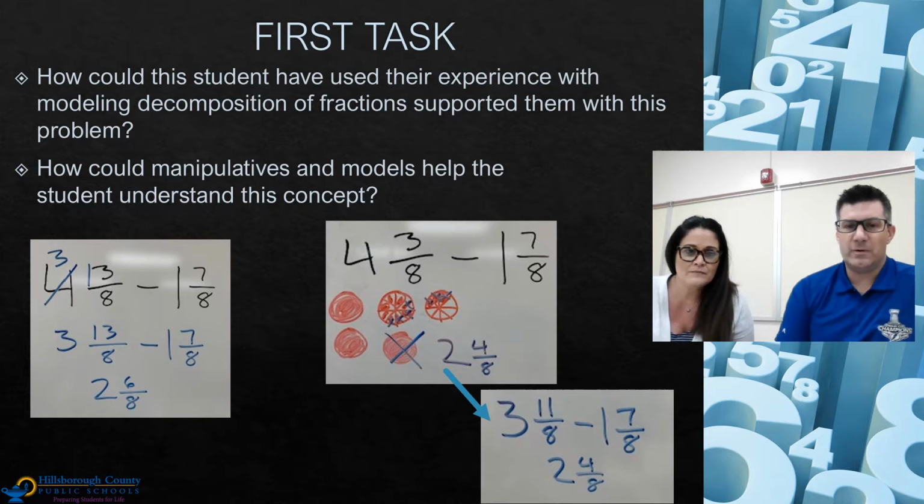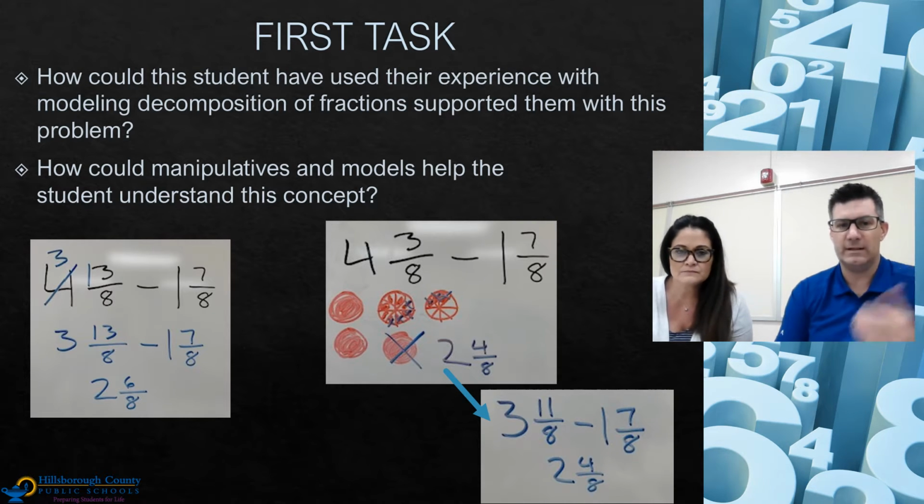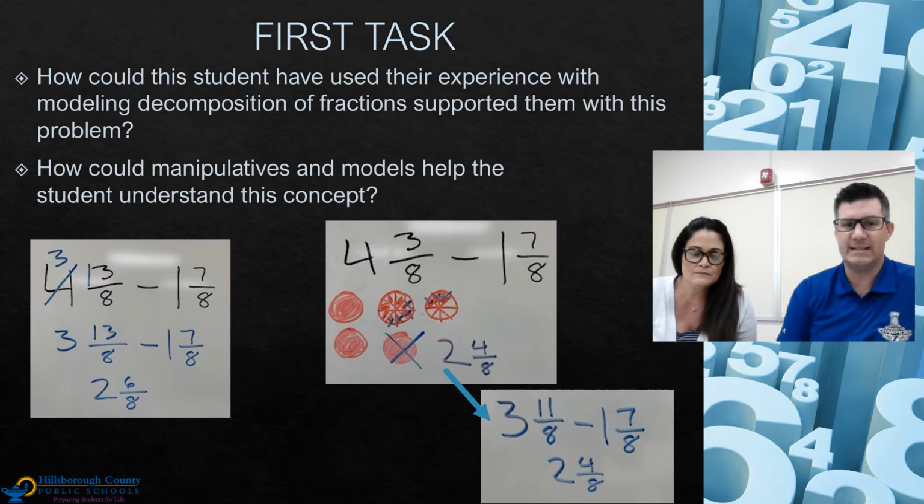Just as Emily said, if we're reflecting on the task you looked at, perhaps this student was making a misconception that when subtracting with whole numbers, you always bring over 10, breaking up a 10 into 10 ones, or breaking up 100 into 10 tens. Perhaps that's what they did here, crossing off the 4, making it a 1, and taking that whole and making it 13 eighths.